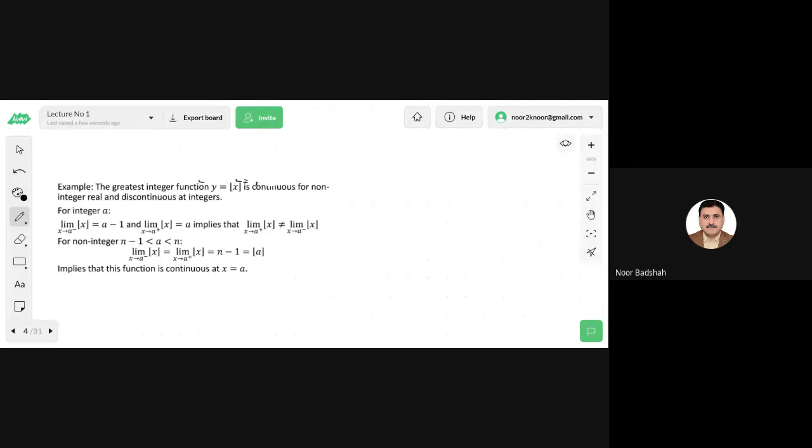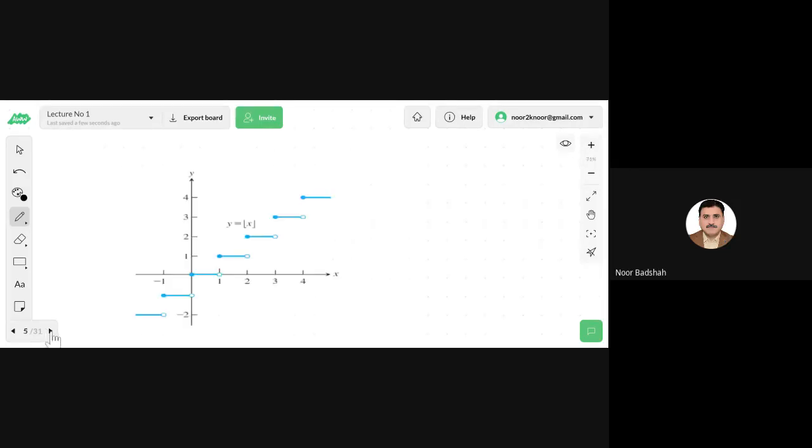Let me show the graph of it first, and from the graph you can conclude where it will be continuous and where it is discontinuous. So if you see at the integers, at 0, 1, 2, 3, 4, and so on, -1, -2, there are jumps. We have a jump here, here, here, here, and so on.